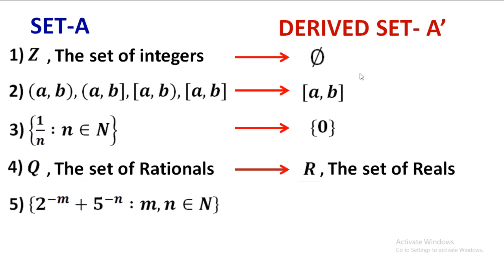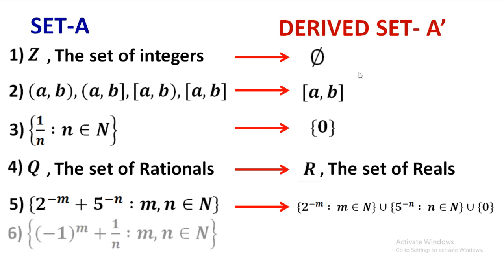Next, 2 power minus m plus 5 power minus n, where m and n belong to the set of natural numbers, whose derived set is the set of all 2 power minus m, where m belongs to natural numbers, union 5 power minus n, where n belongs to the set of natural numbers, union the singleton set 0.